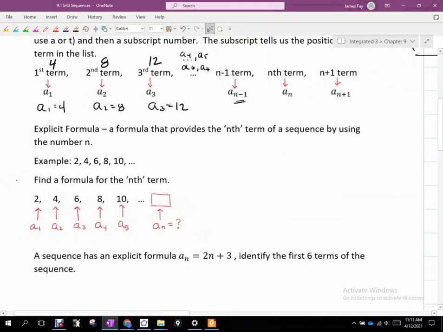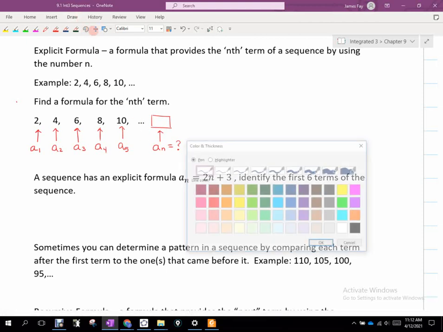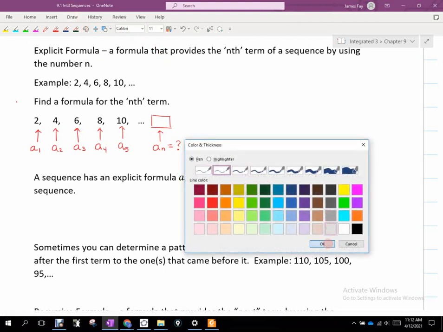We have what we call explicit formulas. An explicit formula provides the nth term of a sequence by using the number n. Okay? So when you told me, Austin said that we're adding 4 each time, right?